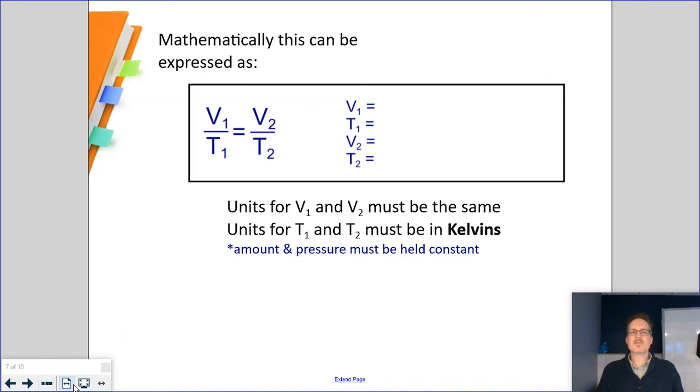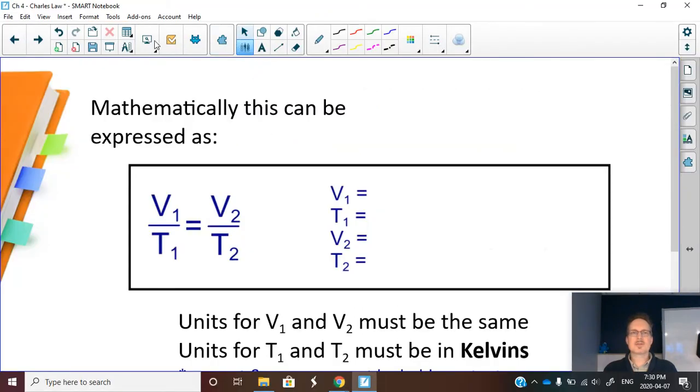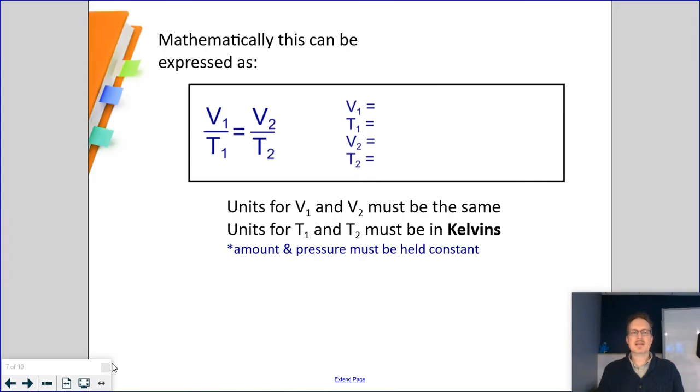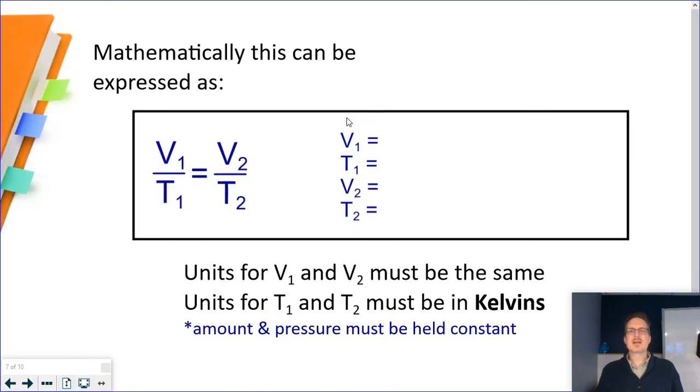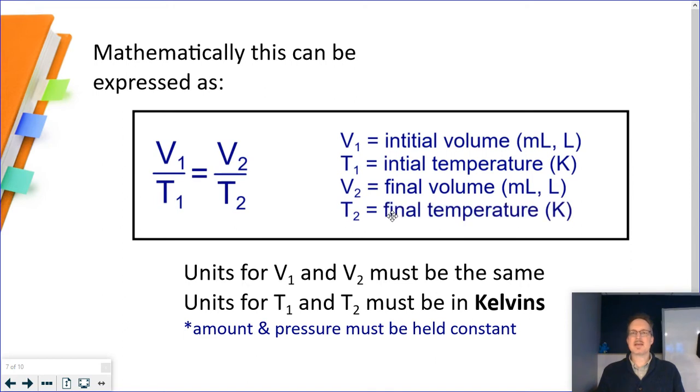Now, here is our formula. I'm going to go to my pen pointer tool for a second. In my formula, it's still ones and twos, meaning initials and finals. Charles' law is V1 over T1 equals V2 over T2, where V1 represents the initial volume, T1 represents the initial temperature, V2 represents the final volume, and T2 represents the final temperature.